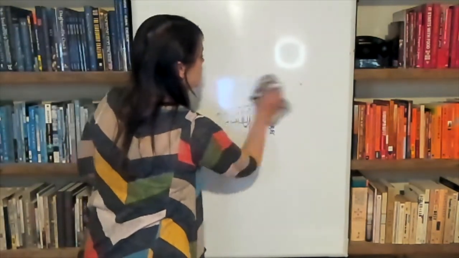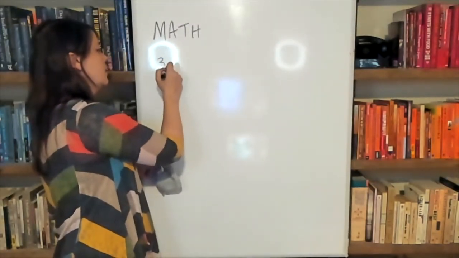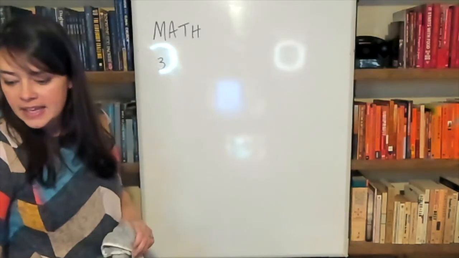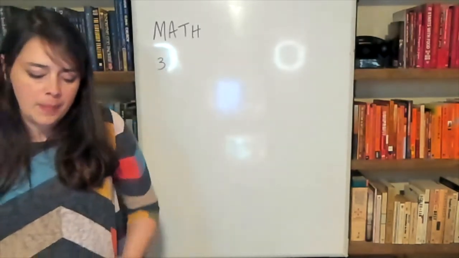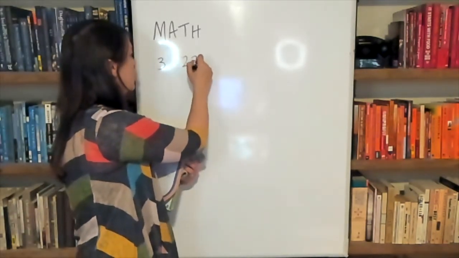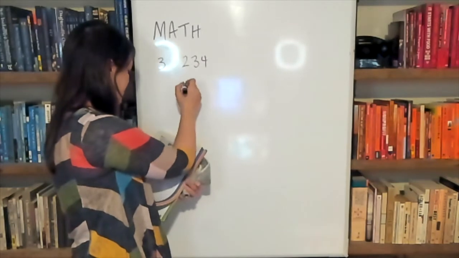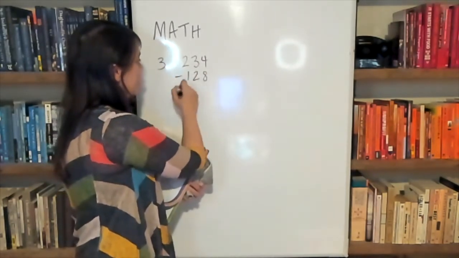Let's also do number 3 to practice another way to solve one together. This one they write as a problem that's lined up like this. This is how you'll most often be doing it. 234 minus 128.